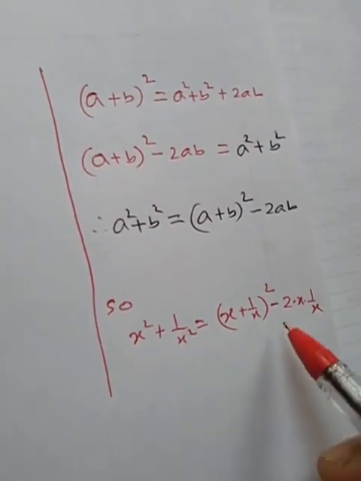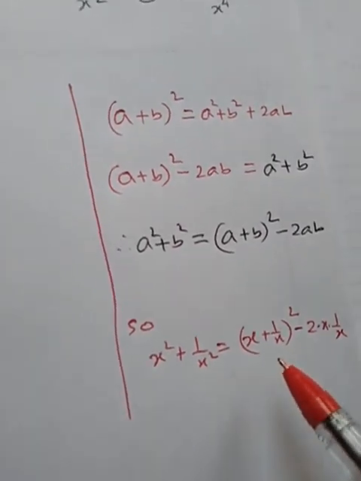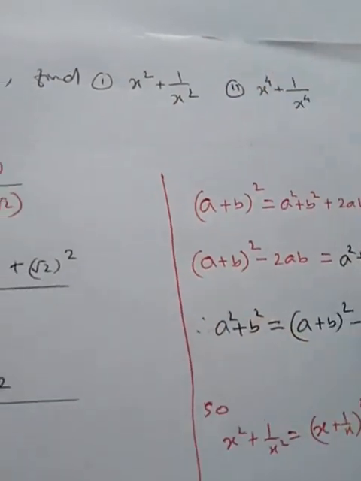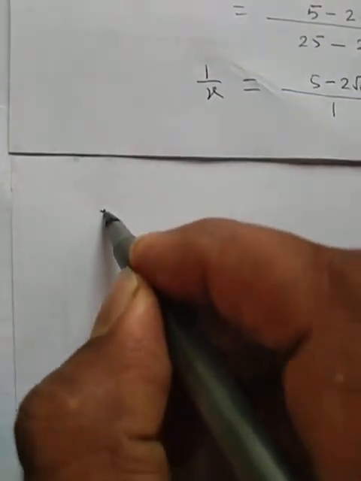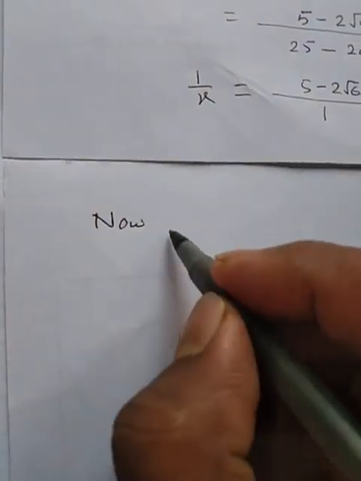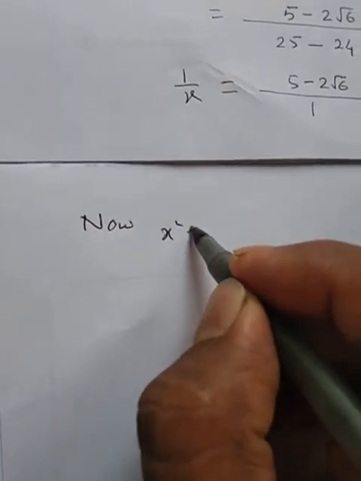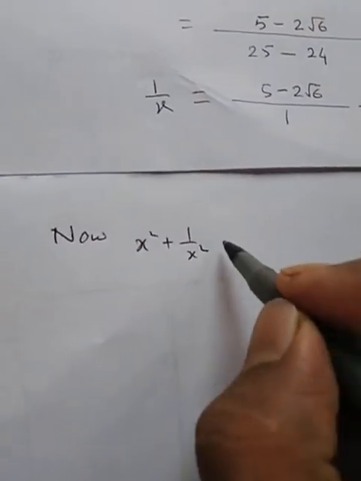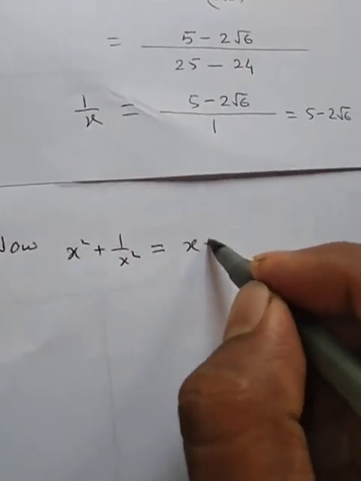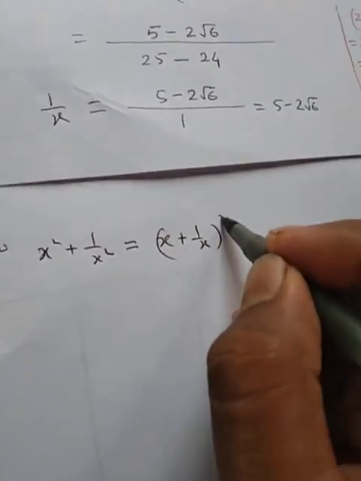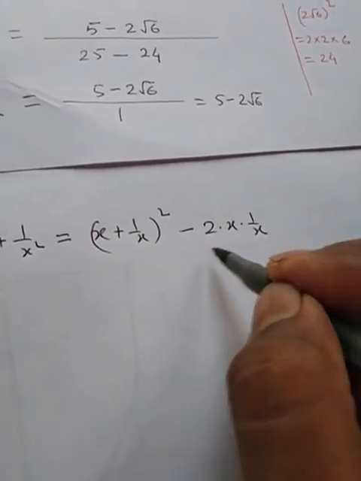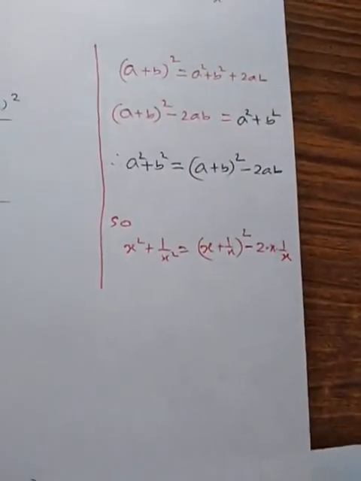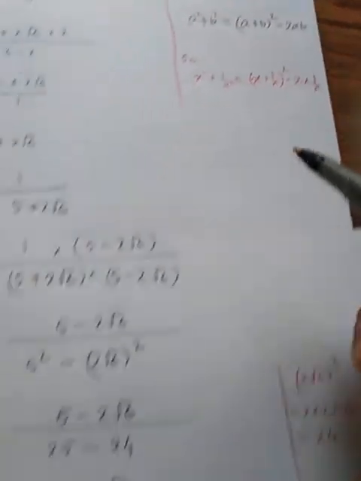So this we will have to use to get the answer of this one. So you can write now x square plus 1 by x square equals x plus 1 by x whole square minus 2 into x into 1 by x. So we have used this identity here.